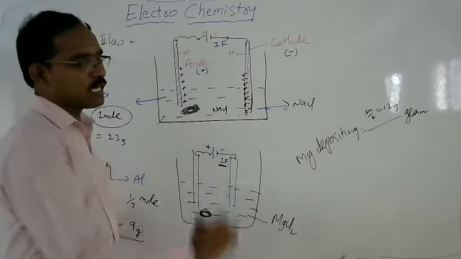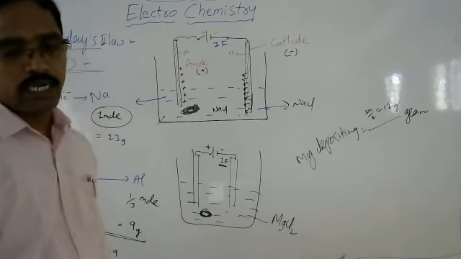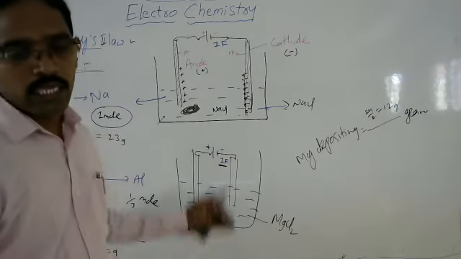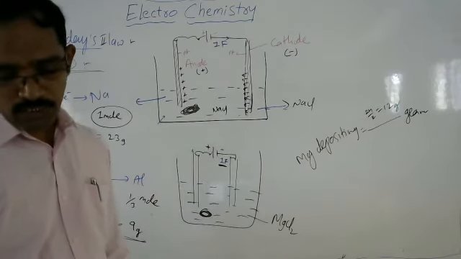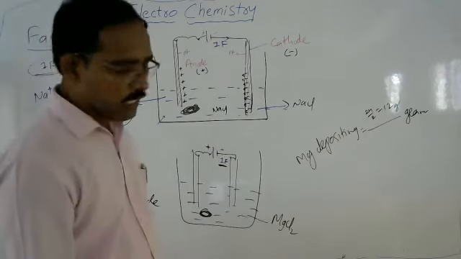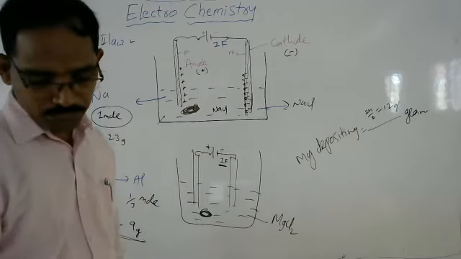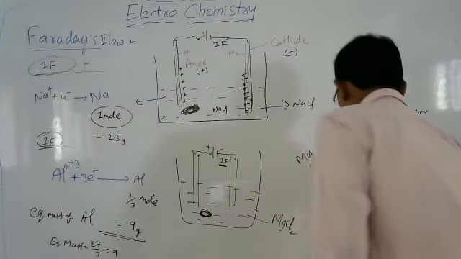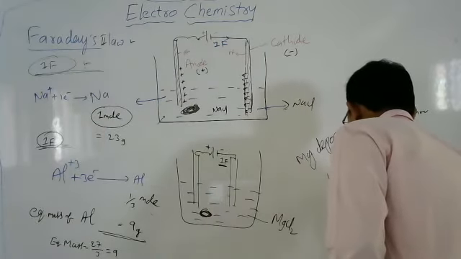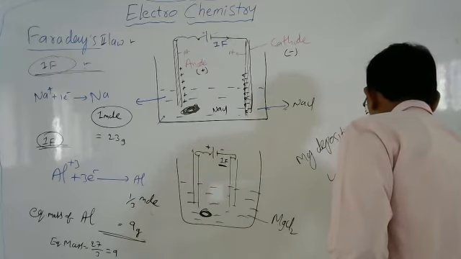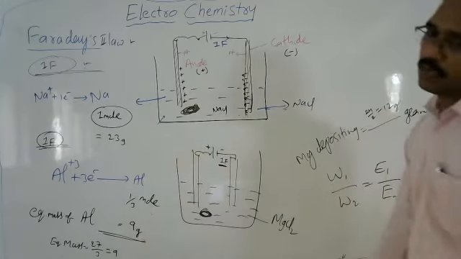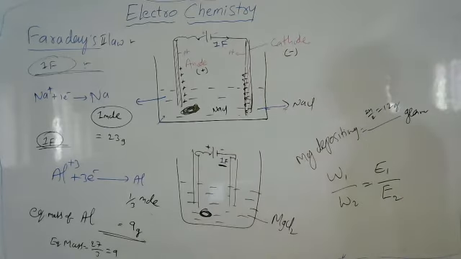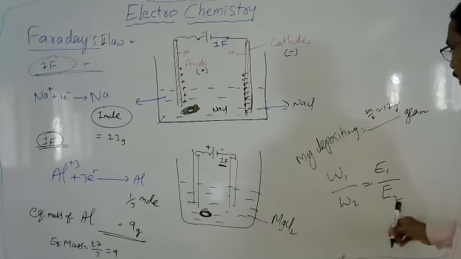The deposited mass is directly proportional to their equivalent mass ratio. Therefore, I can write one formula here. W1 by W2 equals E1 by E2. What is this? Equivalent mass ratio.